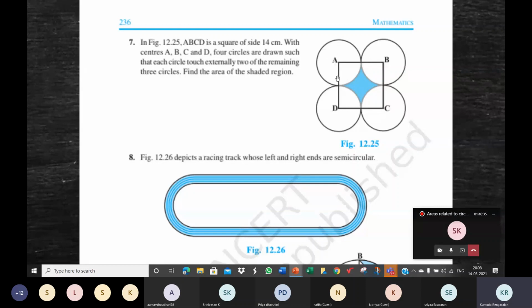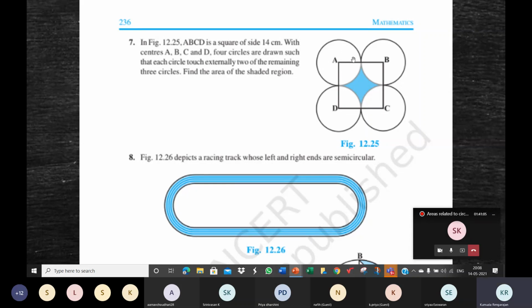This region is a sector whose angle is 270. This one is 90. 360 minus 90, 270. So area of the square, 14 into 14, 196 centimeters square, plus the area of the 4 major sectors.